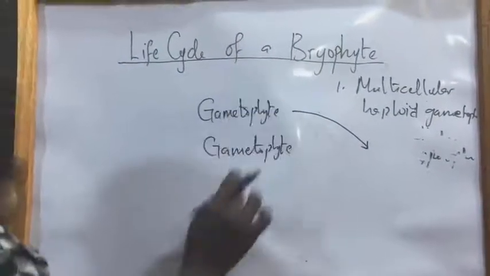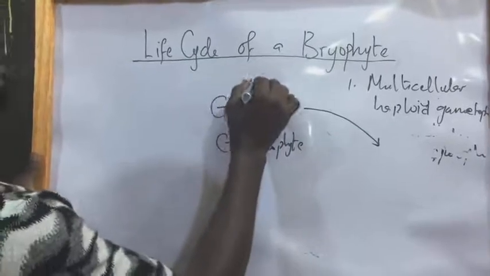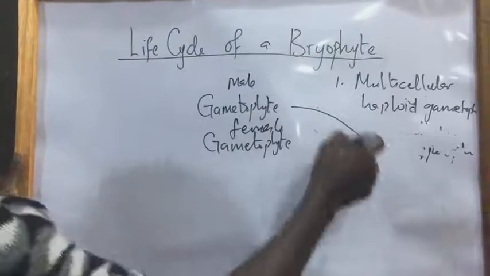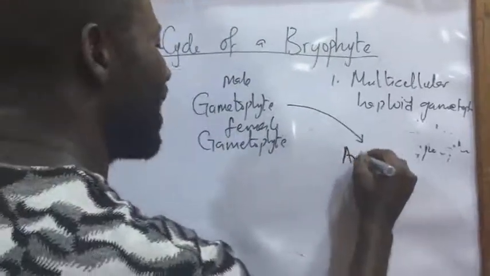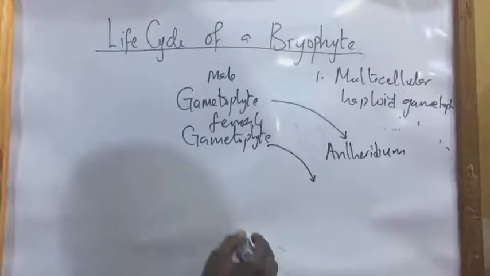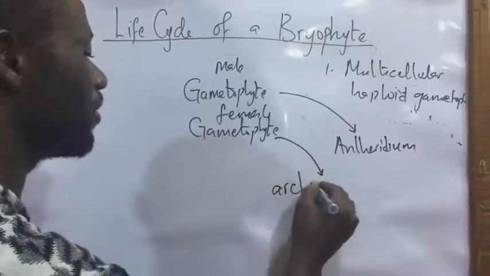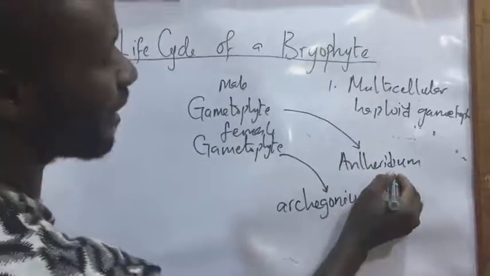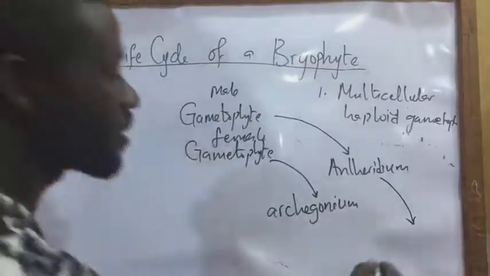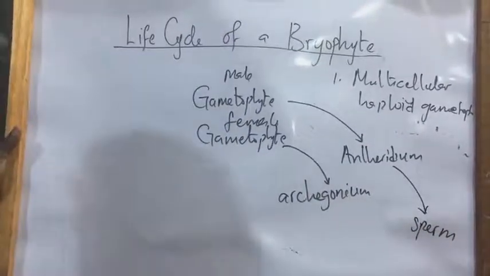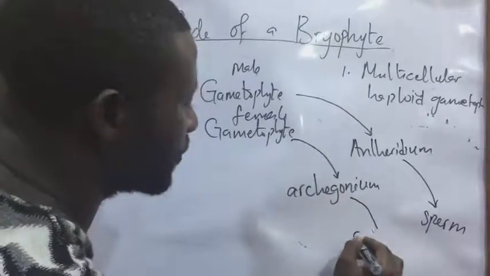So in this one, which is male, and female, the male has what is called antheridium, and the female has what is called archegonium. The antheridium produces sperm, while the archegonium produces egg.